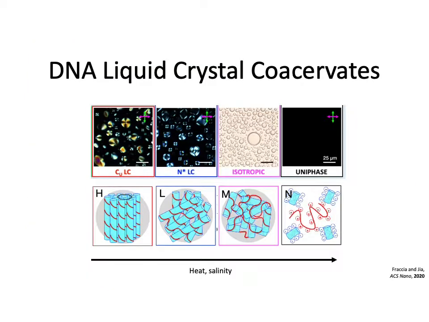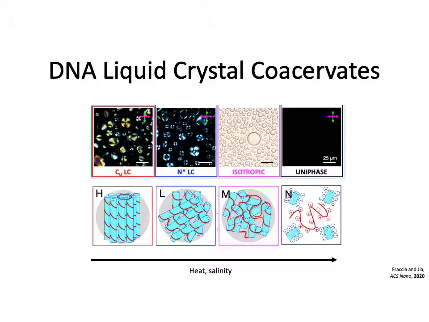So here's a summary figure showing what we believe is happening molecularly within these liquid crystal coacervates. Upon increasing heat and salinity, we see a transition in the phases. First, in red, the existence of the columnar liquid crystal phase with the coacervate phase, where perhaps the DNA rods in blue are interacting with the peptide strands in red, and the rods have bundled together into hexagonal-like forms.